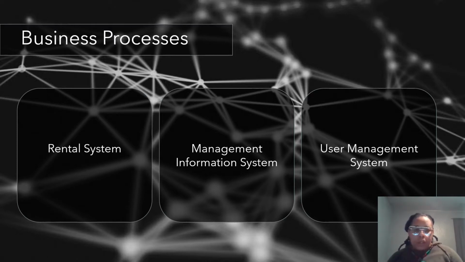The first thing that we looked at with the business process was the rental system. Basically, we talked about what or who would initiate the rental system. And for me, I decided to have the user initiate the rental system and the process.